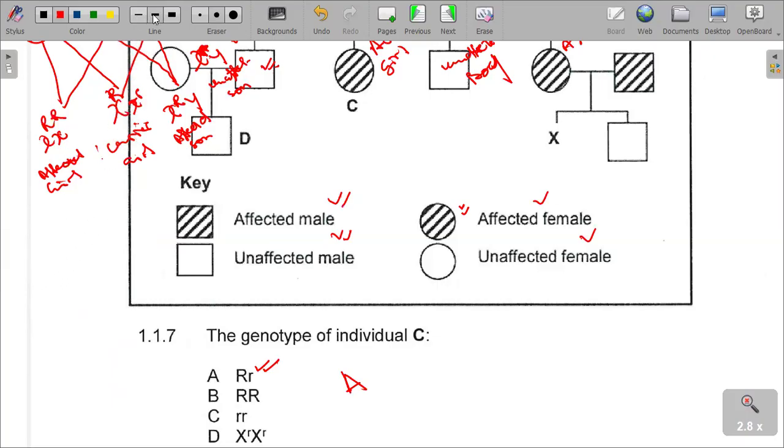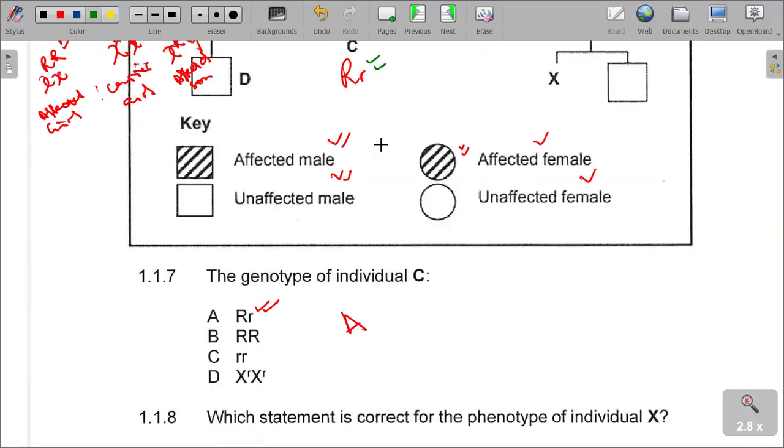Please note that the second person is supposed to be Rr, shown in my calculation, heterozygous R, meaning that is a carrier child.